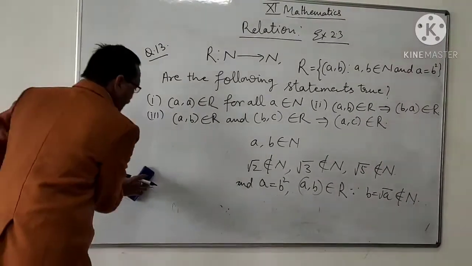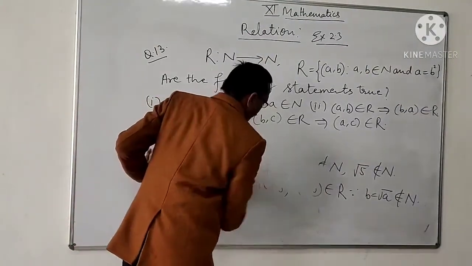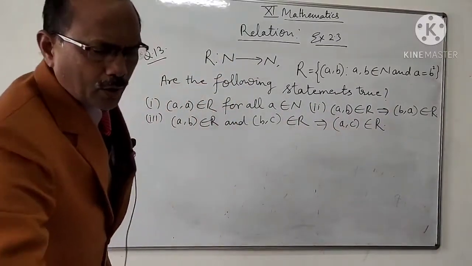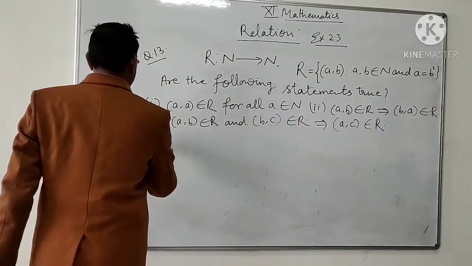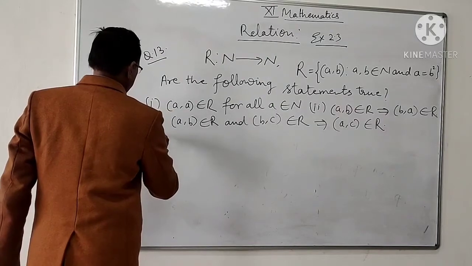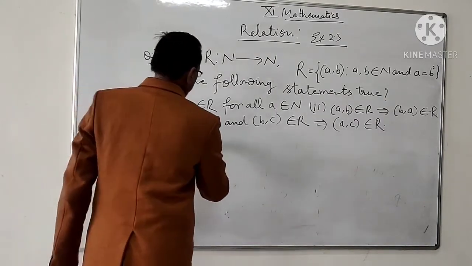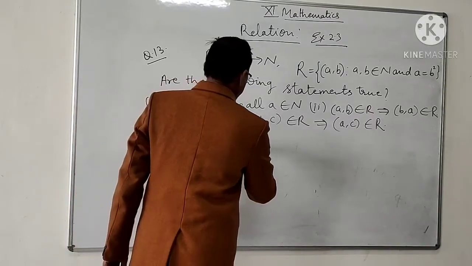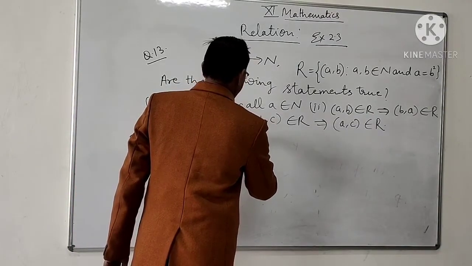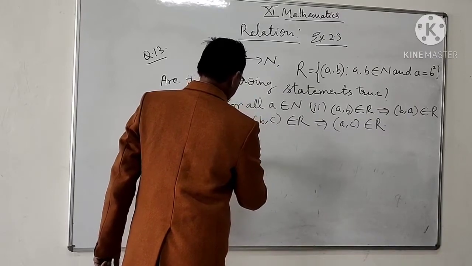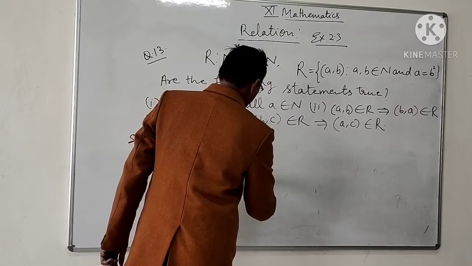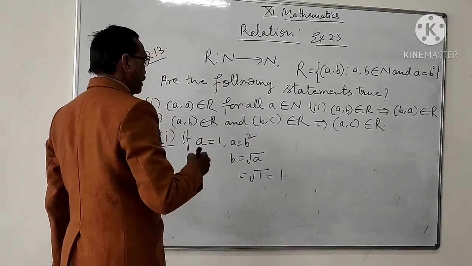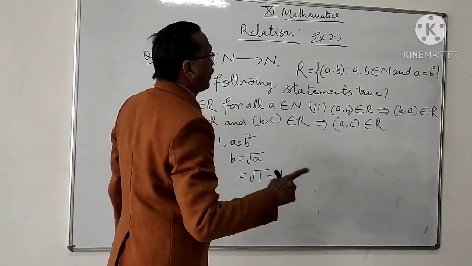Student, for the first part, if A equals 1, then A equals B square and B equals root A. Root of 1 is 1, which is natural, so the condition is valid for 1.